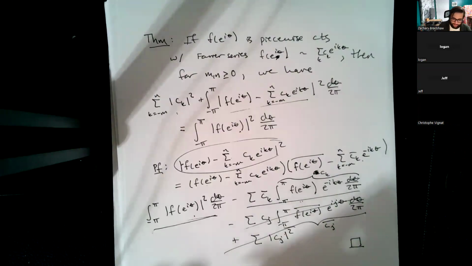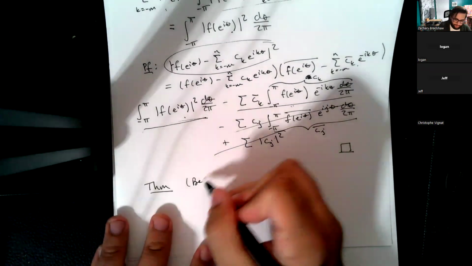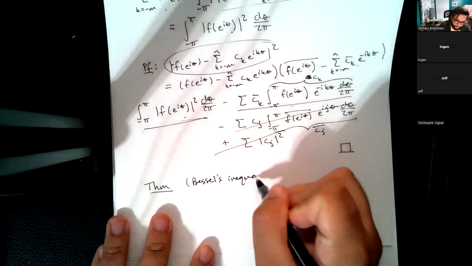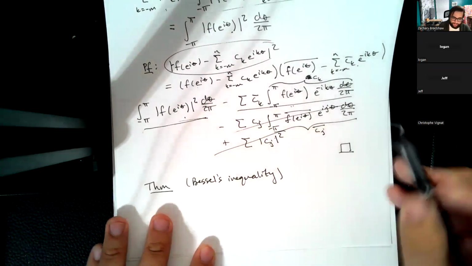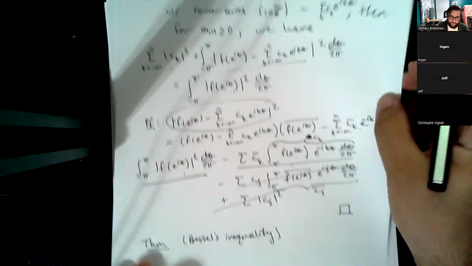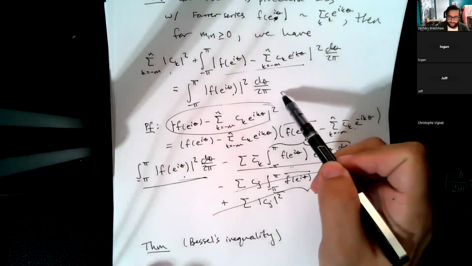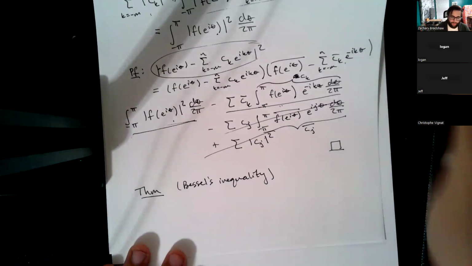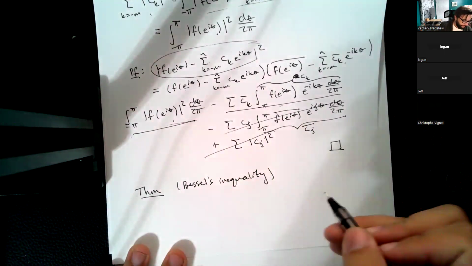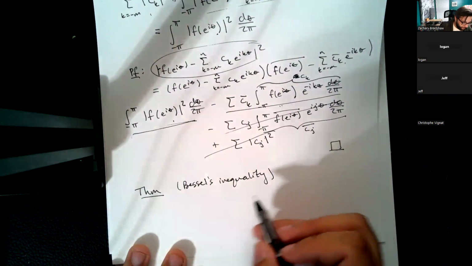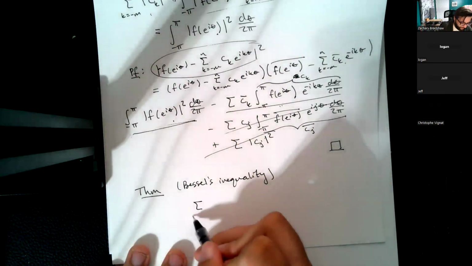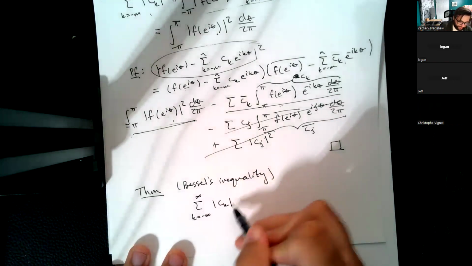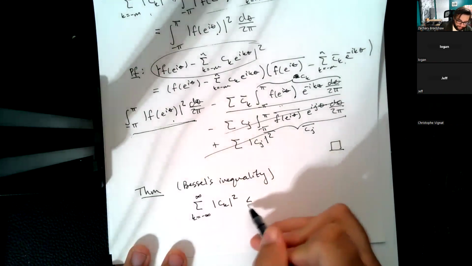It's called Bessel's inequality, which we get just by moving this term to the right-hand side by subtracting and then throwing it away to get the following inequality. So this is under the same assumptions as in the previous theorem.